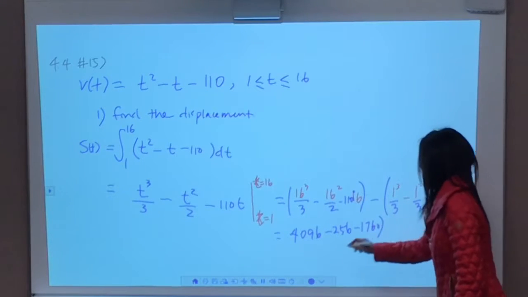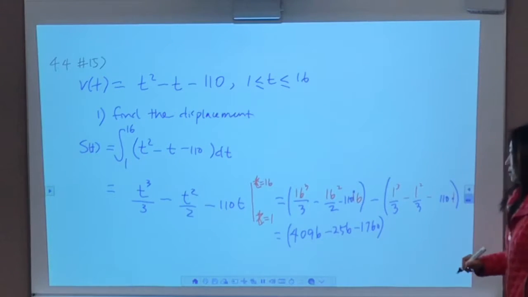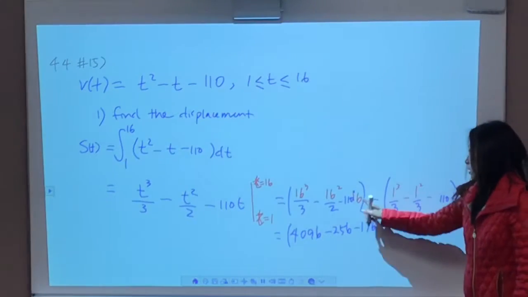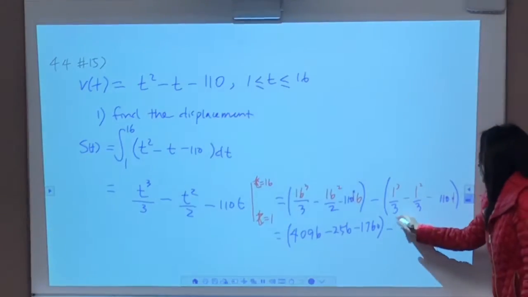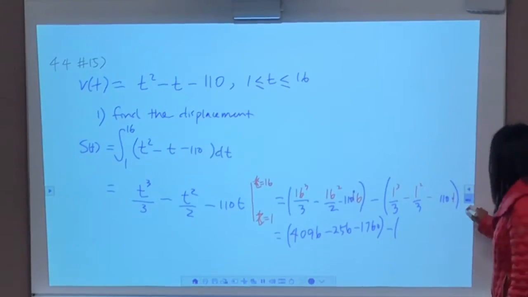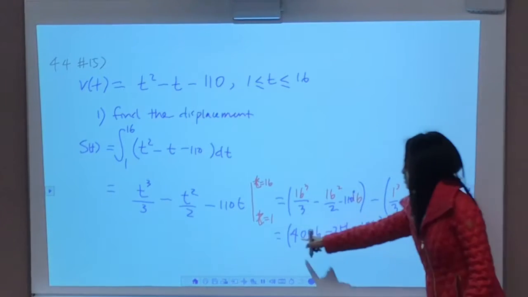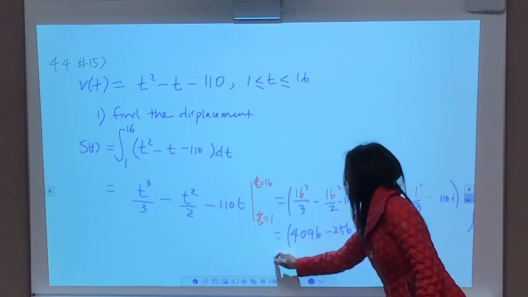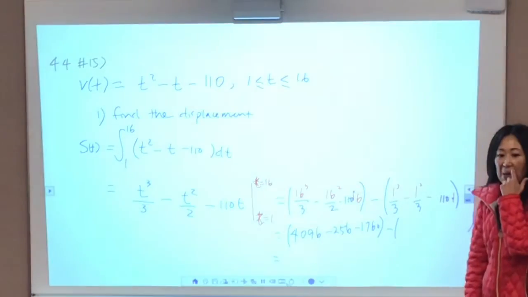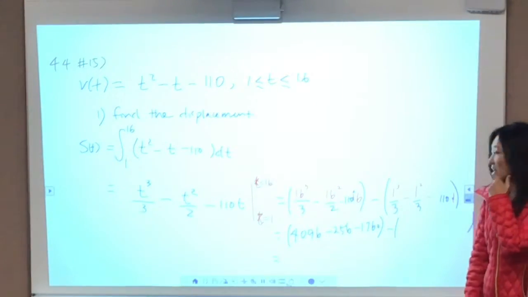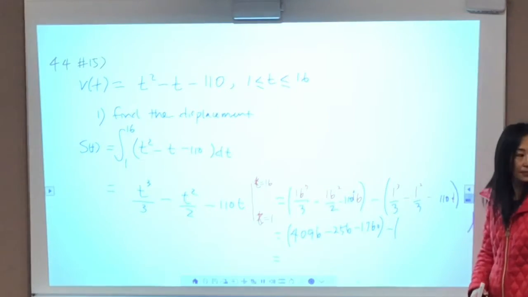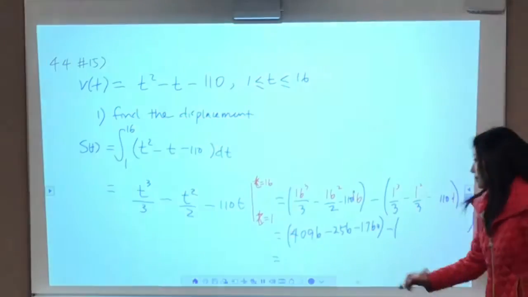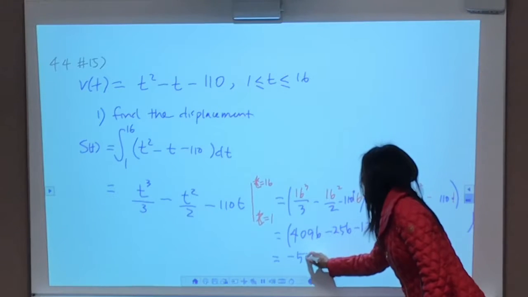Right. What's next? And then tell me what the total equals, so I can finish my upper limit. It's negative 522.